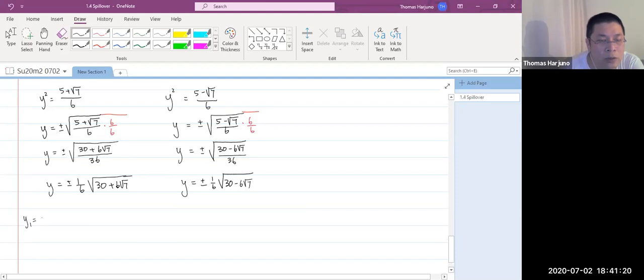Y1 is the positive of the positive branch. Y2 is the negative of the positive branch. Y3 is the positive of the negative branch.